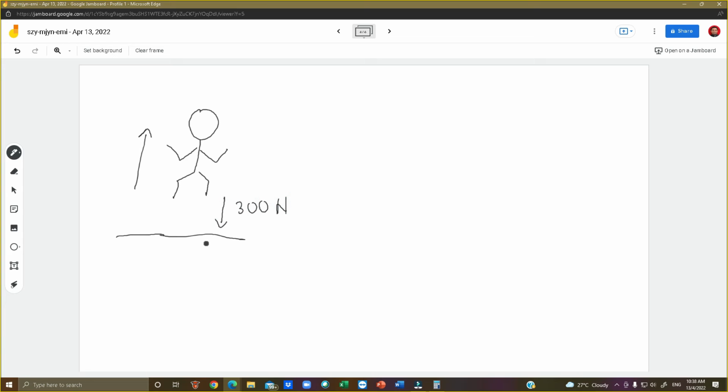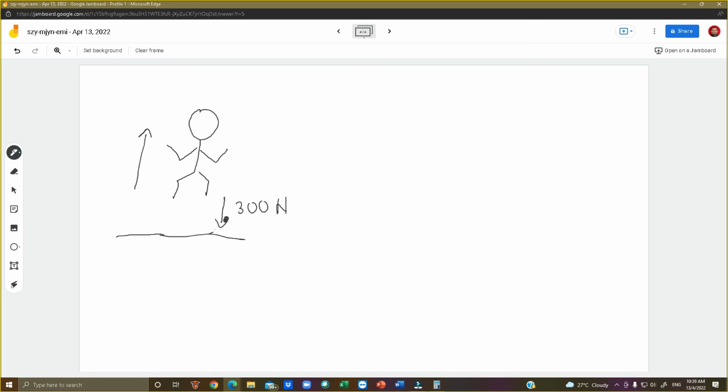Dia rasa macam tu, aku bagi force yang paling banyak aku boleh bagi, so that I want to jump higher. And he jump. So my question, if this mamat inflict 300 Newton of force to the floor, how much force being returned back to this mamat?